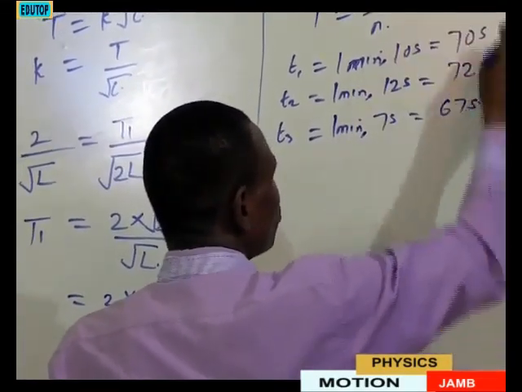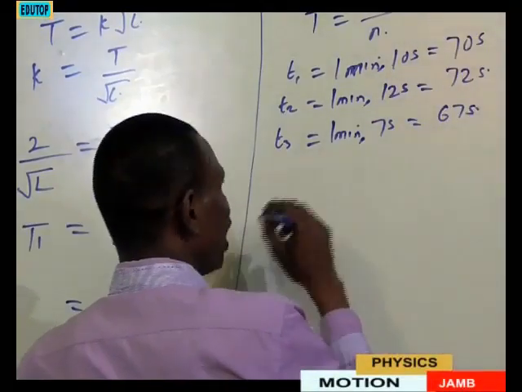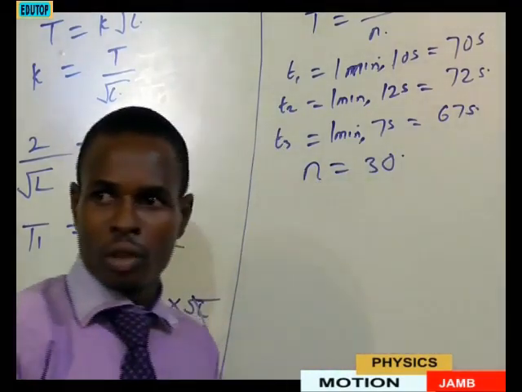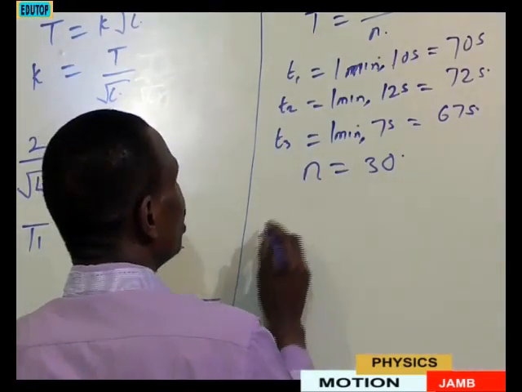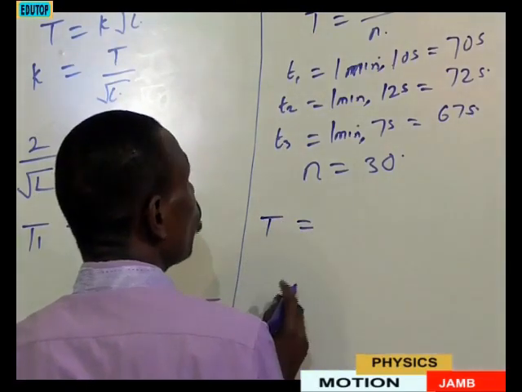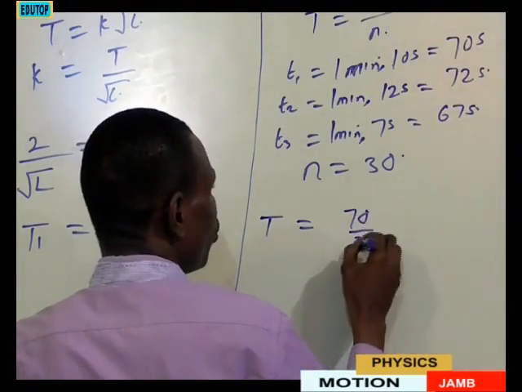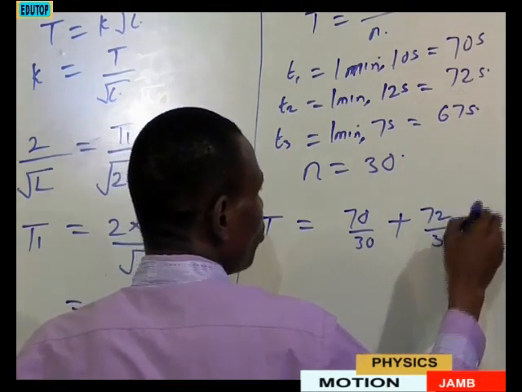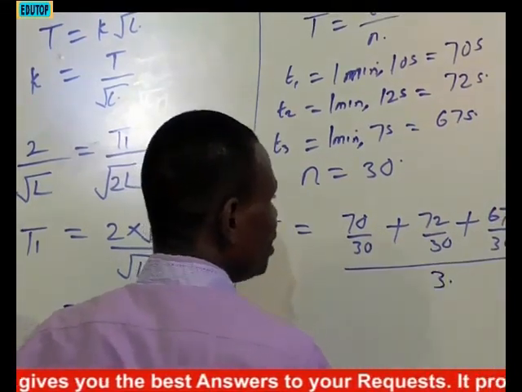These are the times to perform 30 oscillations, because we are told the pendulum oscillated 30 times, which means our N is equal to 30. In this case, the mean period of oscillation T will be equal to the time over N. We are going to have 70 over 30 plus 72 over 30 plus 67 over 30, all divided by 3.